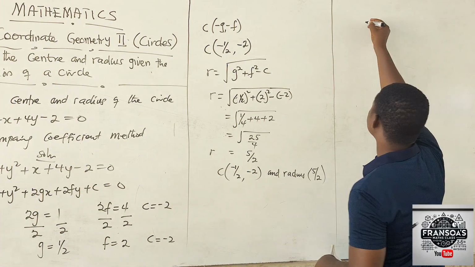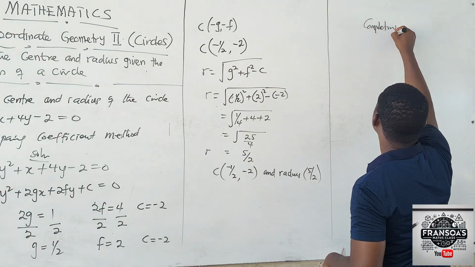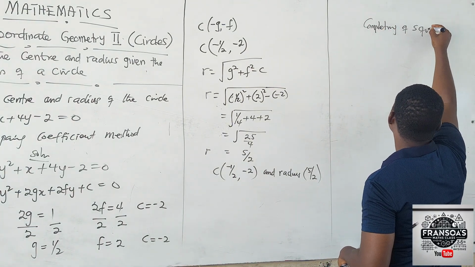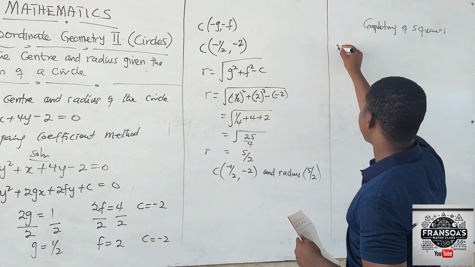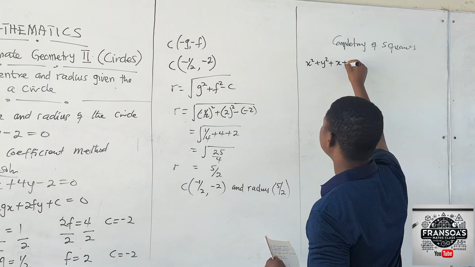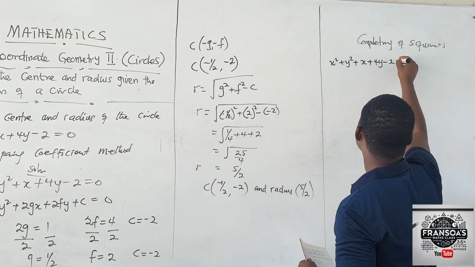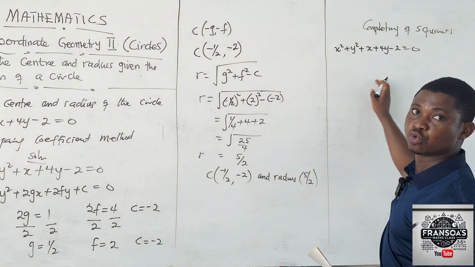With completing the square, we have the question x squared plus y squared plus x plus 4y minus 2 equal to 0. First, let's send this 2 across.